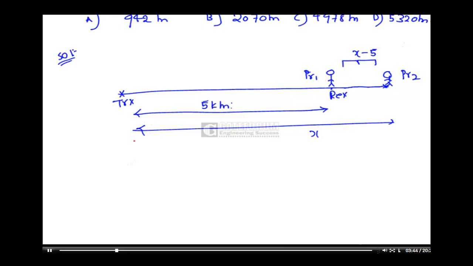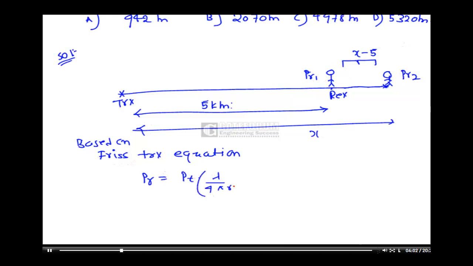Based on the Friis transmission equation, power received is equal to power transmitted into lambda by 4 pi r whole square into directive gain of transmitter into directive gain of receiver.